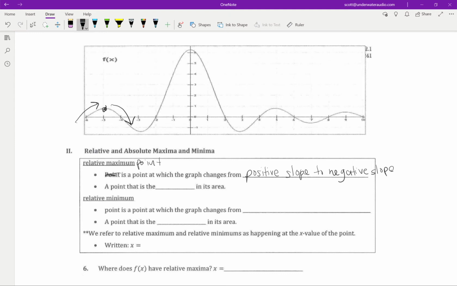So a relative maximum is a point that is the max in its area. Nearby, like close around it, it's the maximum. Similarly, a relative minimum is a point at which the graph changes from negative slope to positive slope.